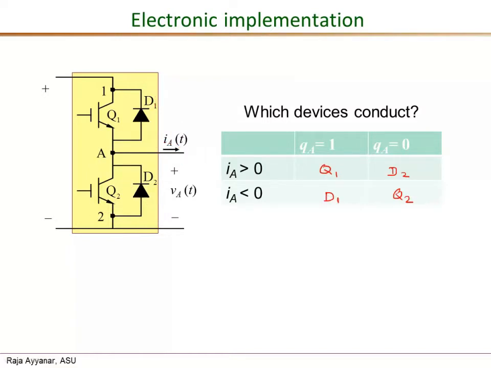Now one of the reasons why we went through this exercise is to establish that if the pole current is guaranteed to be always greater than or equal to 0, okay, then we are only operating along this row, and all we need is Q1 and D2. We do not require Q2 or D1 to be conducting for any value of Q. Okay. So therefore, if you're guaranteed that IA is always positive, then we can just replace the bipositional switch by just one controllable switch and one diode, and they would be Q1 and D2.